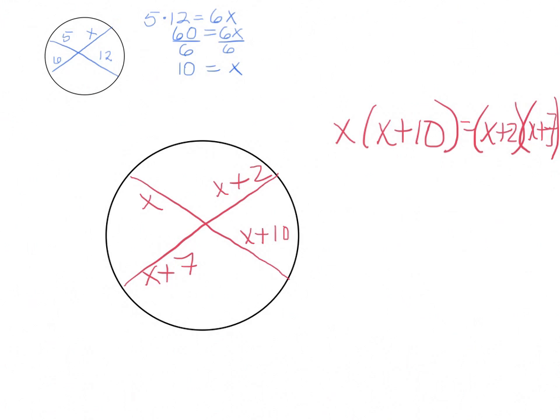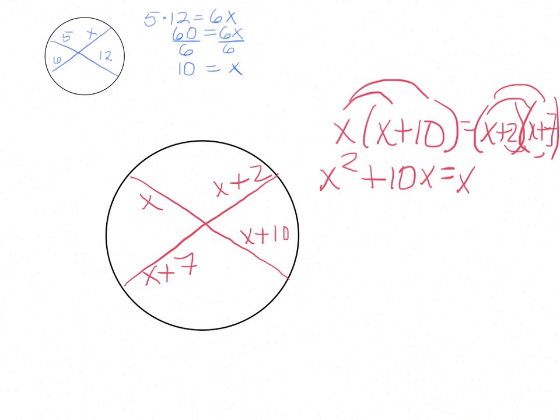Alright, now you have to remember a little more algebra to do this one, but if you look at it, we do a distributive property. So we get x squared plus 10x. And on this side, we will multiply by FOIL and collect like terms, and you should get x squared plus 2x plus 7x plus 14.